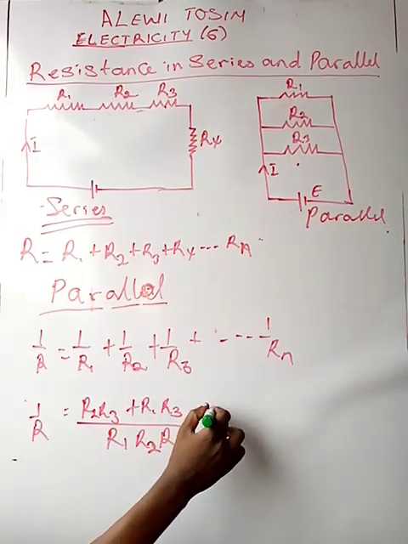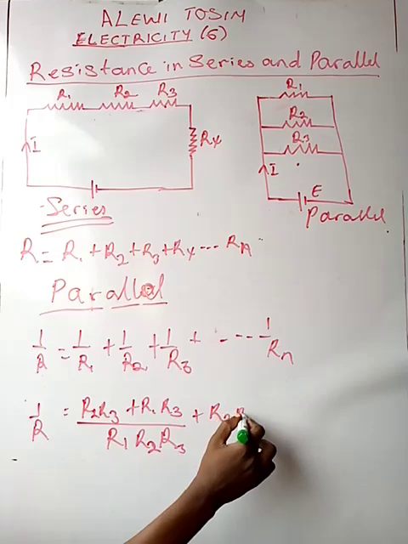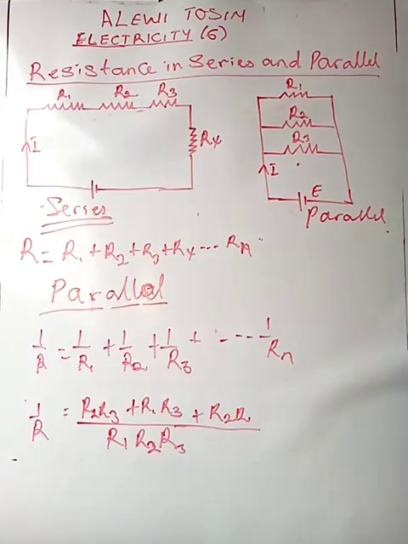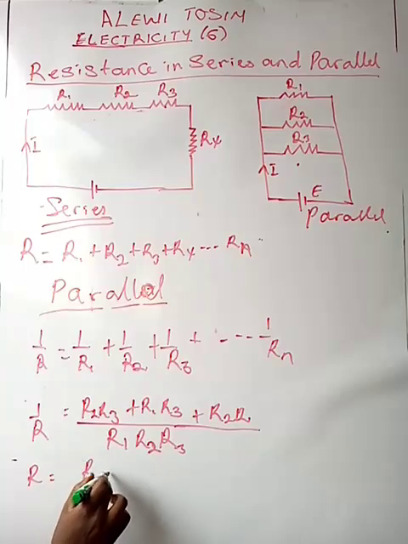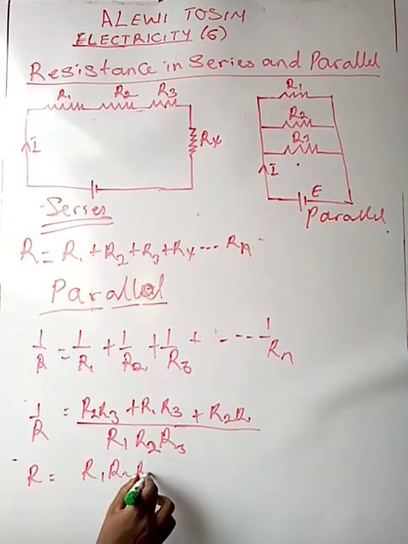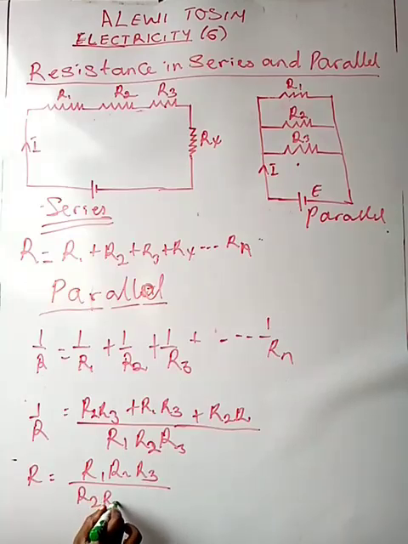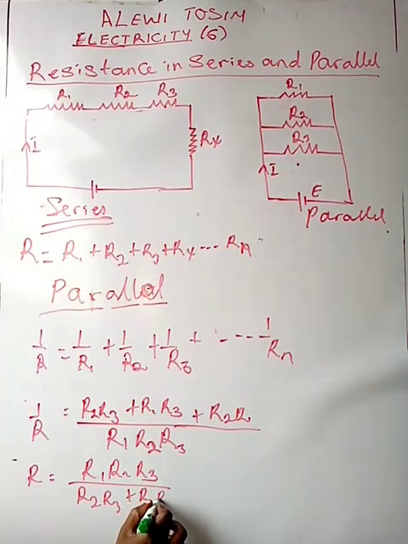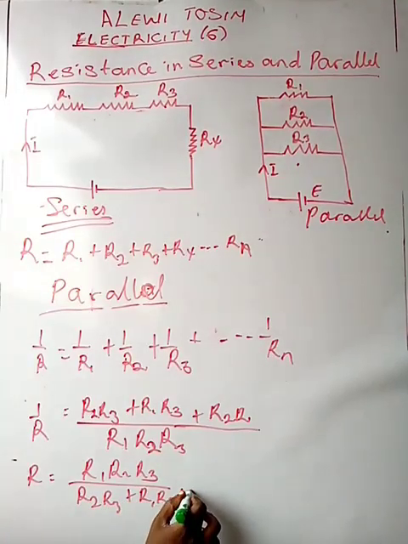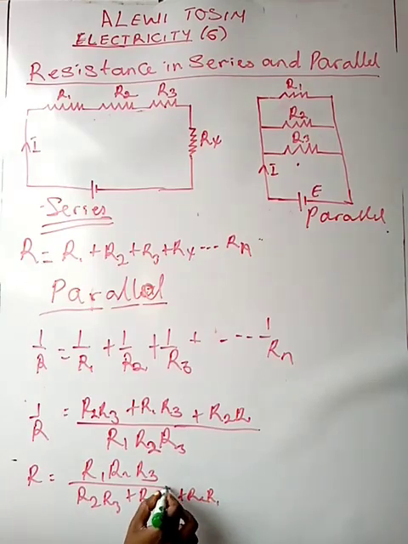By this one will be R2 R1. So we can still apply this, where our equivalent resistance will now be R1 R2 R3 over R2 times R3 plus R1 times R3 plus R2 times R1.